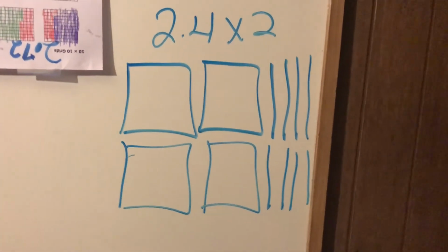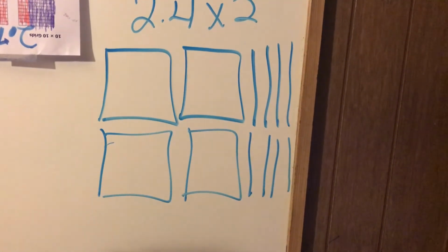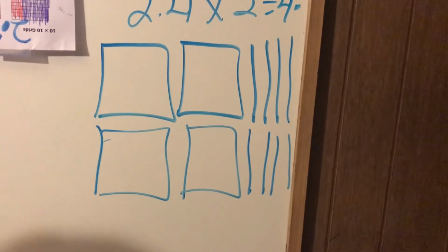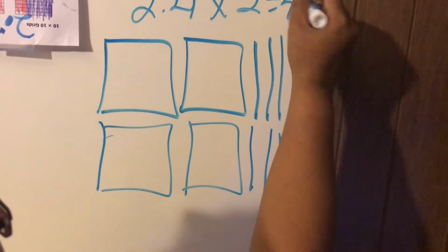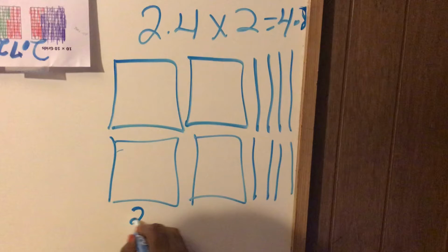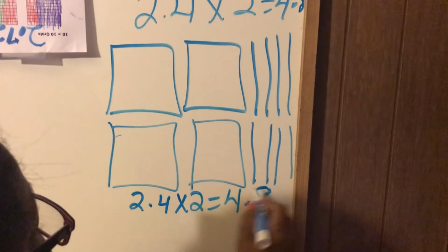So look at it. How many wholes do I have? 1, 2, 3, 4. I have 4 wholes. And let's see how many tenths. 1, 2, 3, 4, 5, 6, 7, 8. I have 8 tenths. So let me rewrite it. I have 2.4 times 2 equals 4 and 8 tenths.